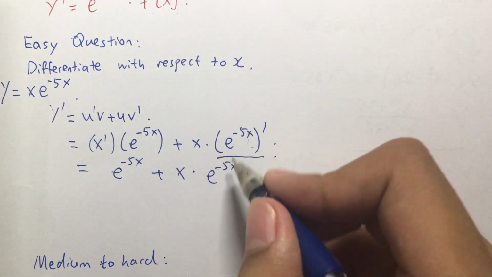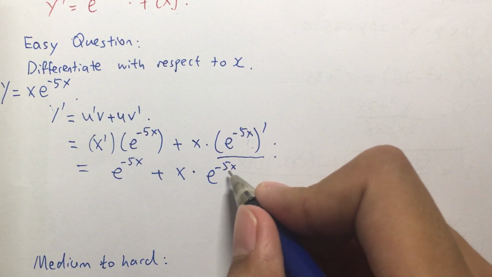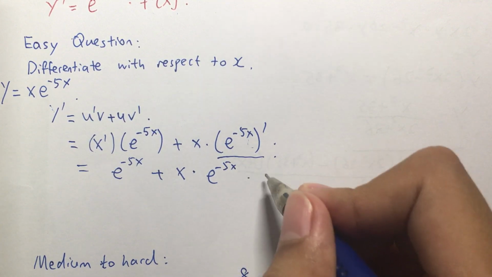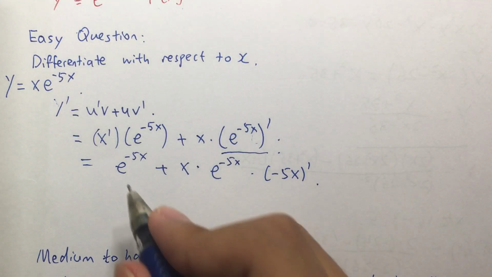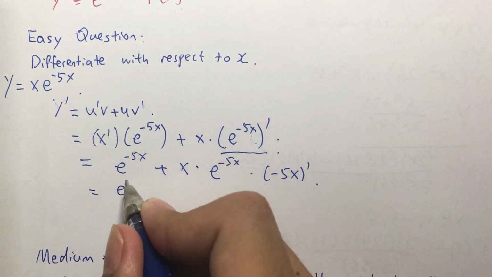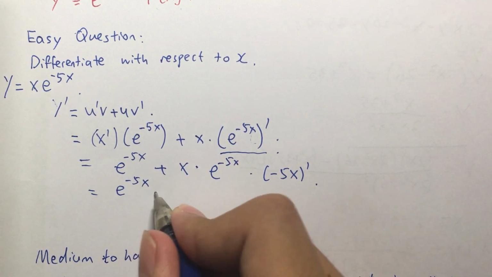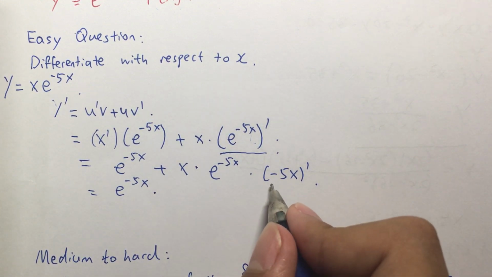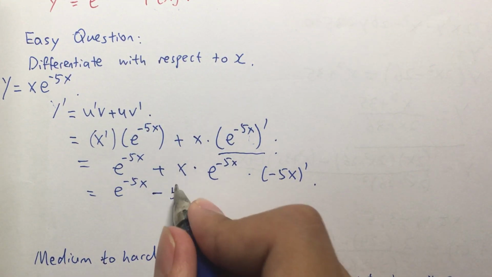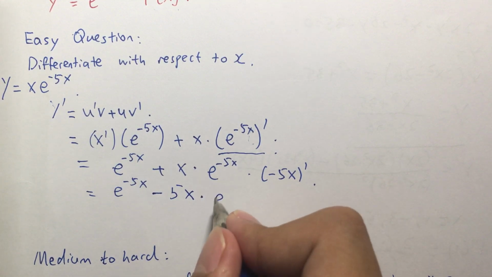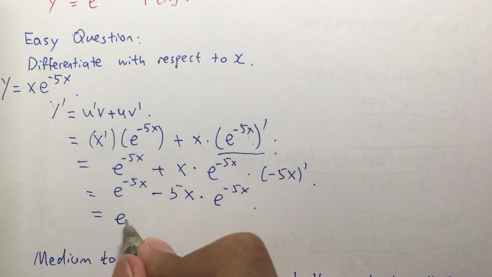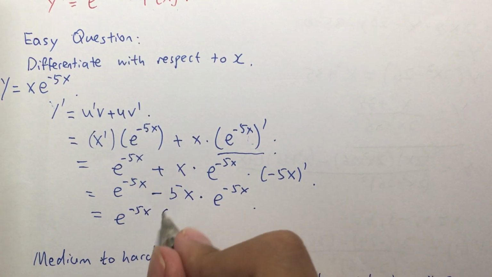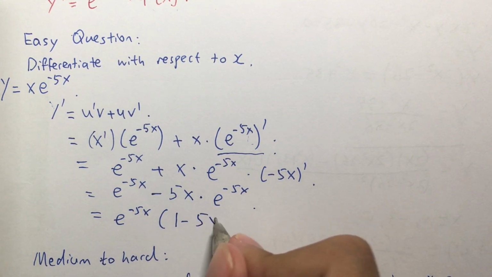So what is f(x) here? f(x) is actually negative 5x, so we need to times negative 5x dash here. And this is equal to e to the power of negative 5x, and here is negative 5, so you have negative 5x times e to the power of negative 5x, which is e to the power of negative 5x times (1 minus 5x).